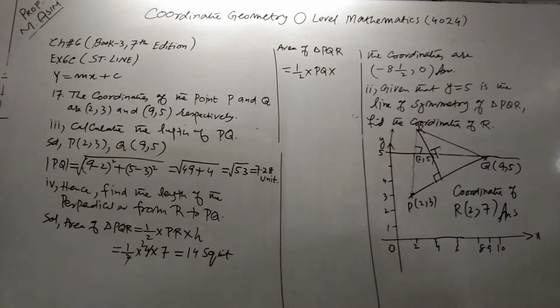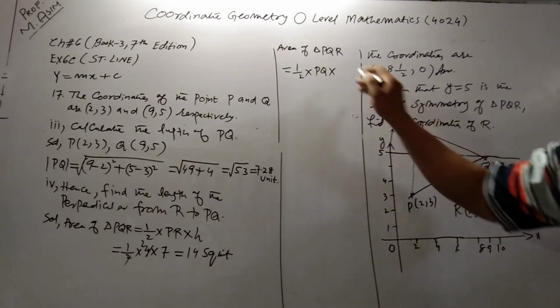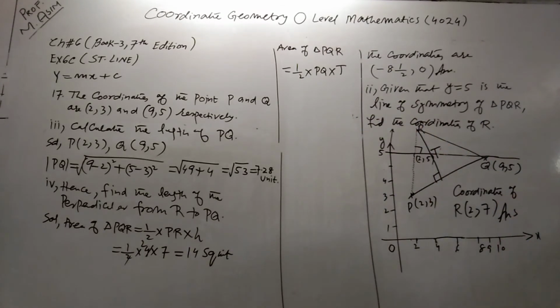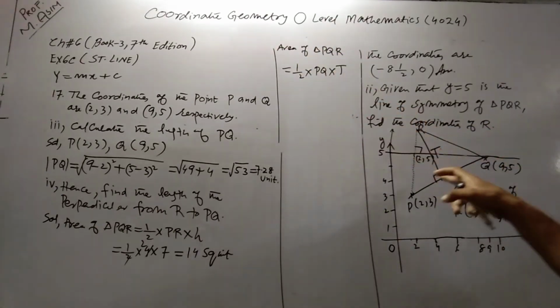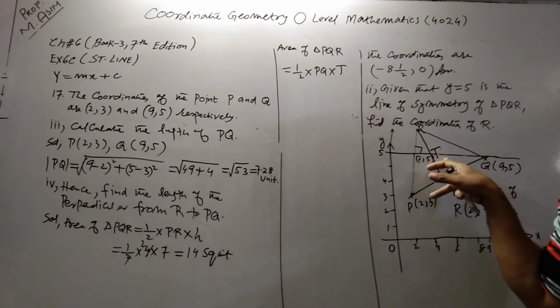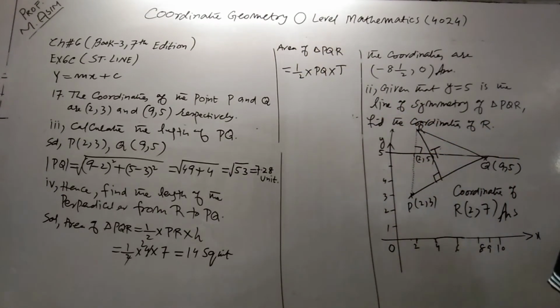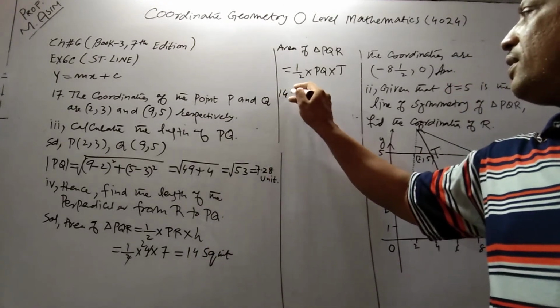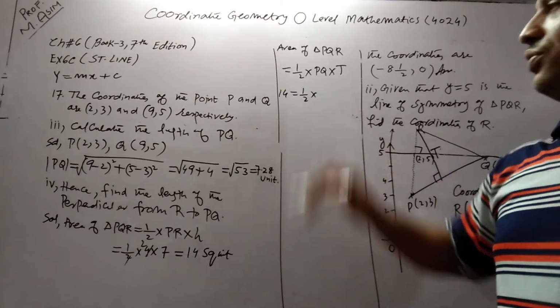And the height, we assign the name of the height is capital T. Student, we have already found the area of triangle PQR, because for changing the base or changing the height, the area doesn't change. We have already found the area is 14.